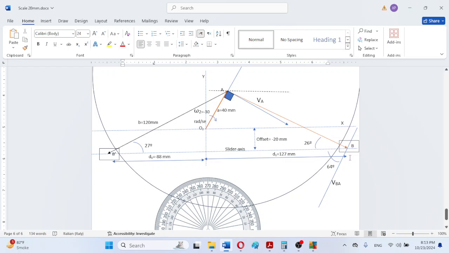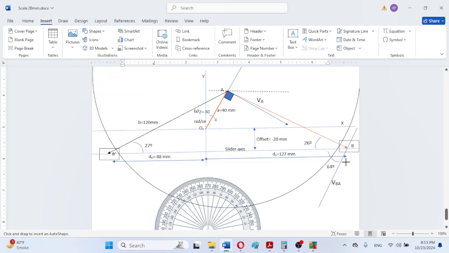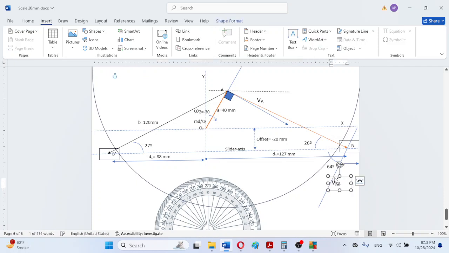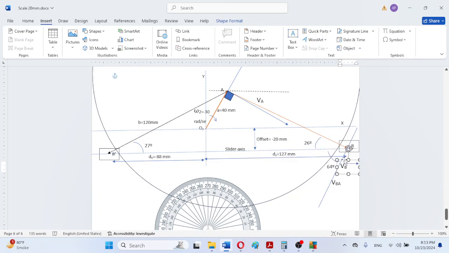Now remains the third vector VB, and if the crank is moving in this orientation, clockwise, then necessarily the slider will be moving towards the right, and that will be horizontal. So we can simply denote here a simple arrow and we can copy this label and paste it and change it to VB. In this way, this is the location of VB.